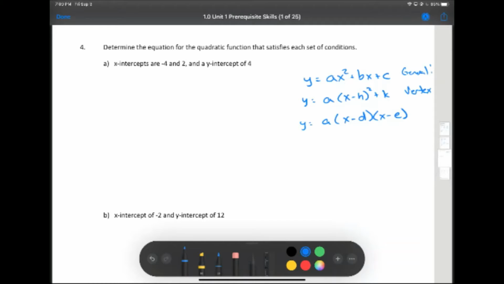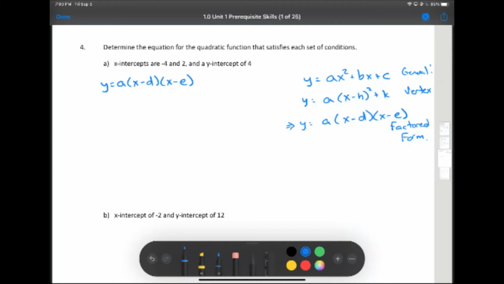For this particular one, I think I'm going to try and use this form right here, which is factored. And the reason for that is I have two x-intercepts, -4 and 2, and there's a little bit of a trick I can play. I can start off with that equation, y equals a(x minus d)(x minus e).